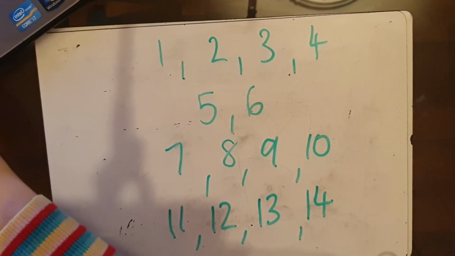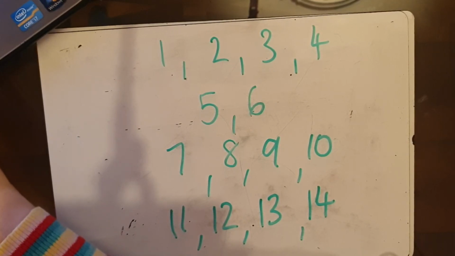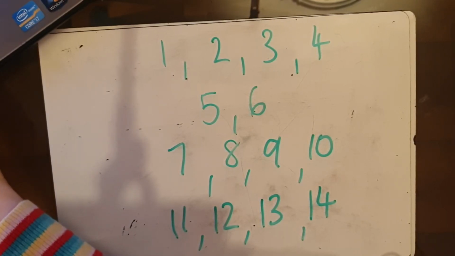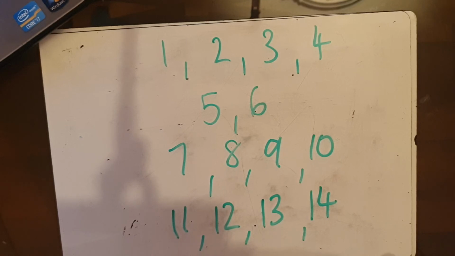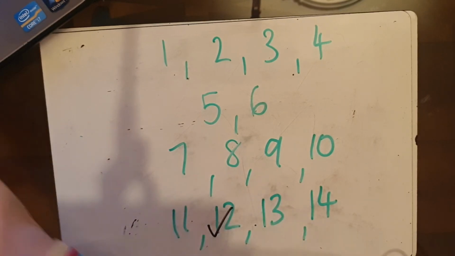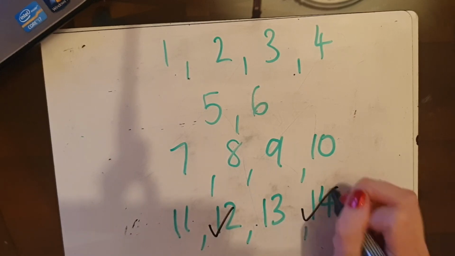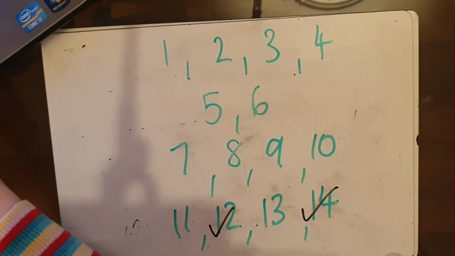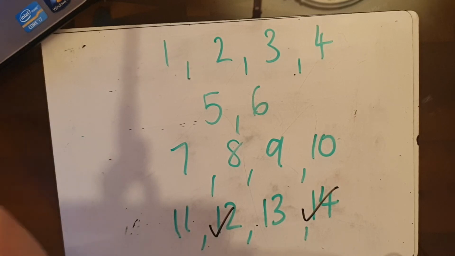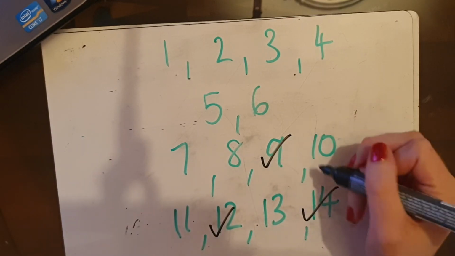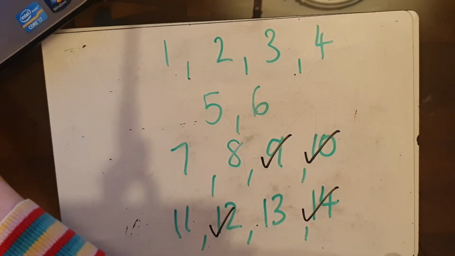So overall, from the document that I've put up, I have gone through question 12 and you should have attempted after I'd done that, question 14. I did question 9 and you should have attempted question 10.